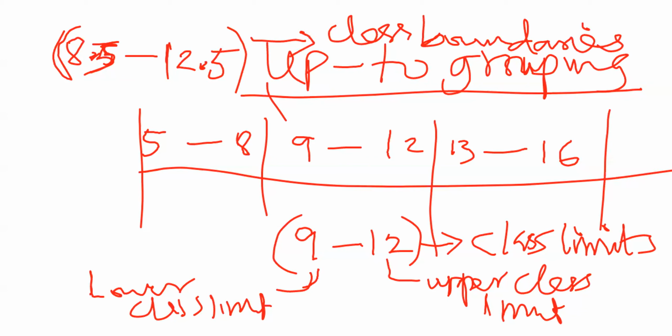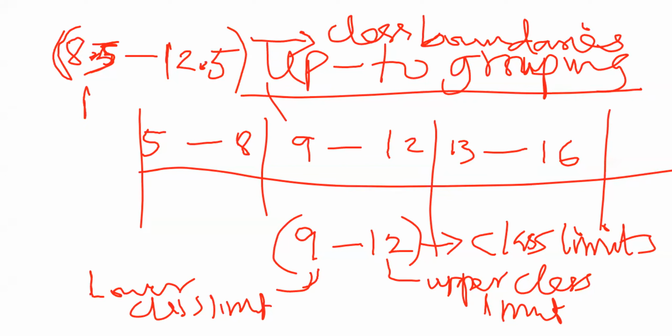I have changed 9 to 12, which is class limits, to class boundary, because class limit is not useful for the calculation of mode formula for group data. It's not good for median calculation of group data. You must change it to boundaries.